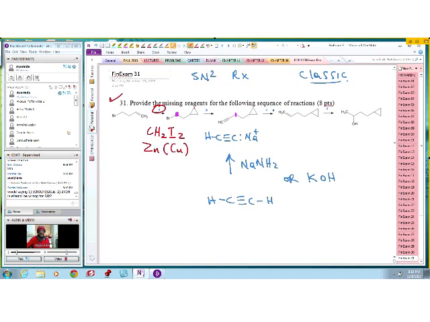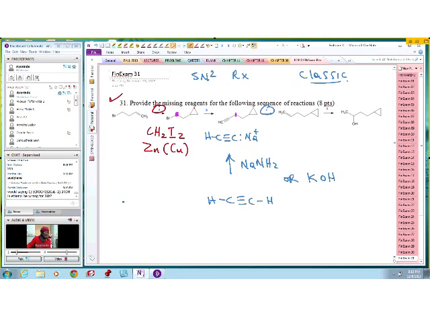Okay, about C. For C, we are going from a carbon-carbon triple bond to a carbon-carbon double bond. Okay, somebody asked a question here. Would saying, for B, oh, no. You cannot use the Gilman reagent for that. Okay, oh, I see what you're saying. Yeah, Gilman reagent with carbon-carbon.